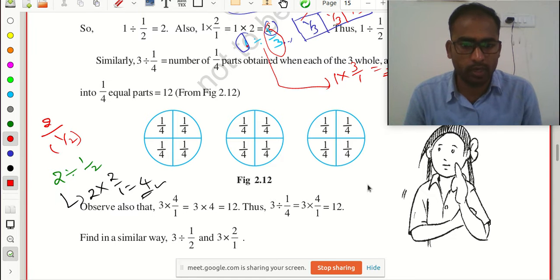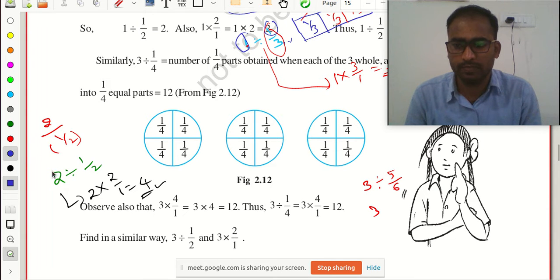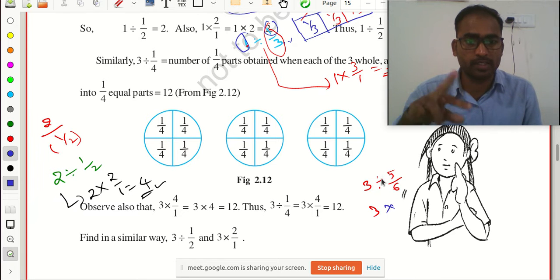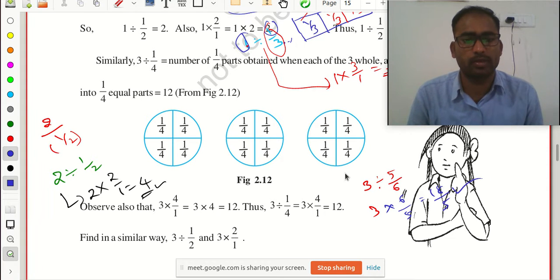Then what is the value of 3 divided by 5 by 6? 3 stays 3, the division becomes multiplication, and 5 by 6 becomes the reciprocal 6 by 5. So 18 by 5. Clear?